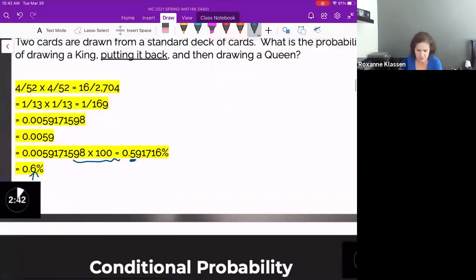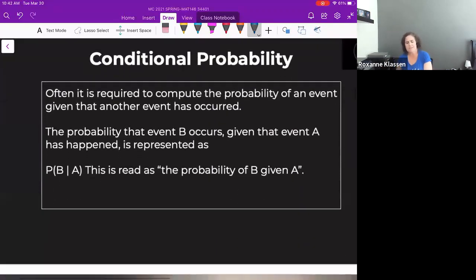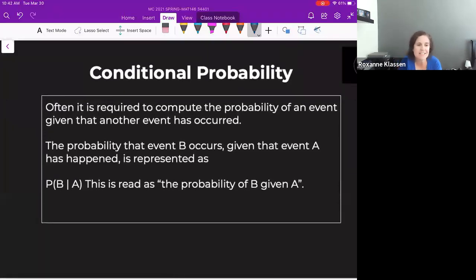All right, today is a little bit different. Today we're going to talk about conditional probability. Hopefully my internet stays stable, because it just said it's unstable. If I start breaking up or you have trouble, make sure you let me know somehow. Often it's required to compute the probability of an event given another event has already occurred.